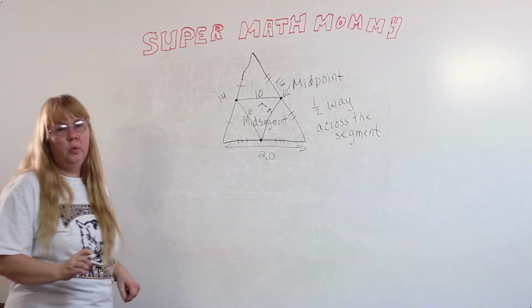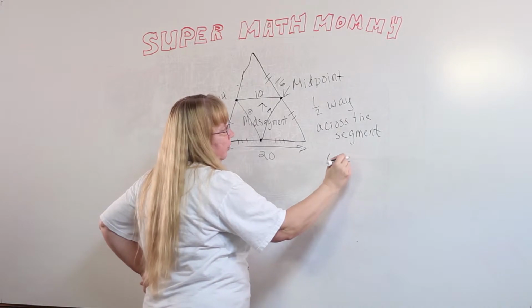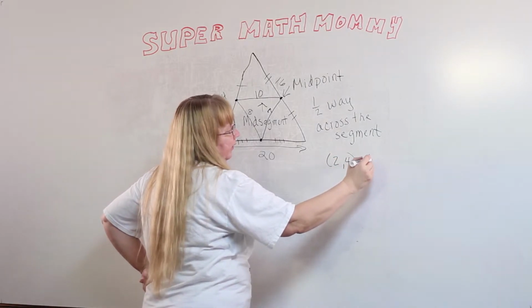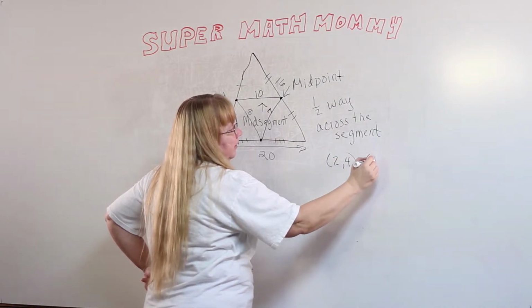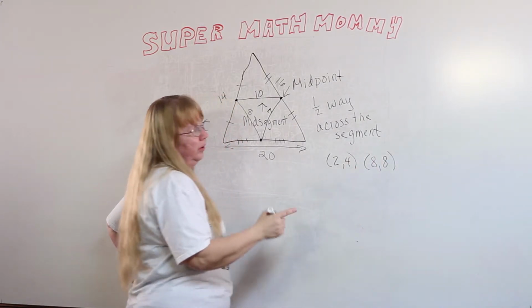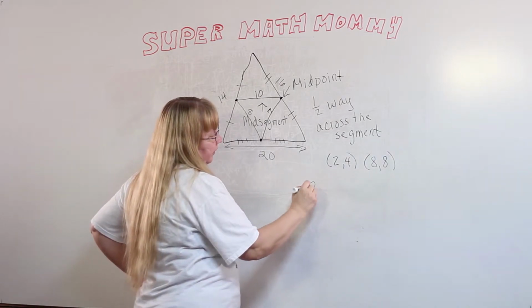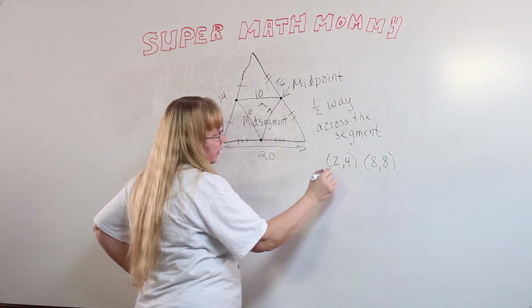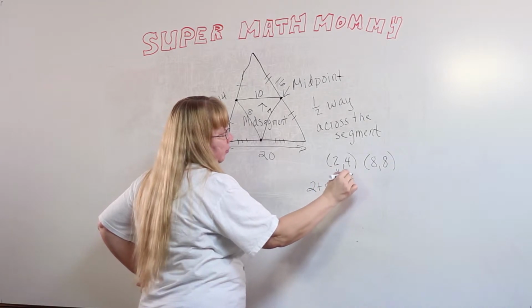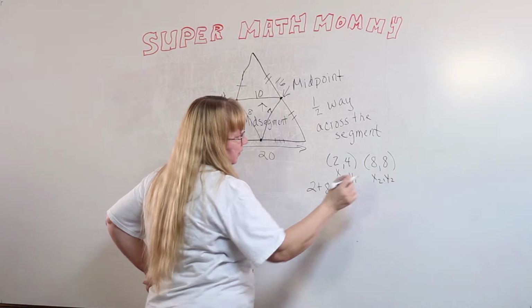Remember, if we're using the coordinate graph and we have points like 2, 4, and 8, in order to find our midpoint, we're going to add the 2 points together and divide it in half. So our x coordinates, x sub 1, y sub 1, x sub 2, y sub 2.